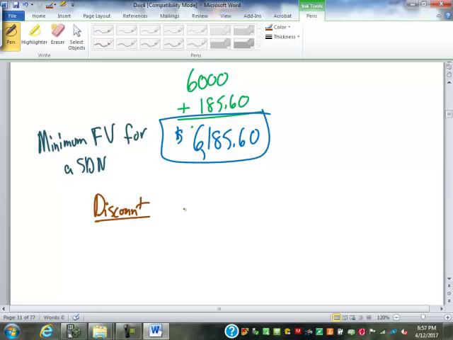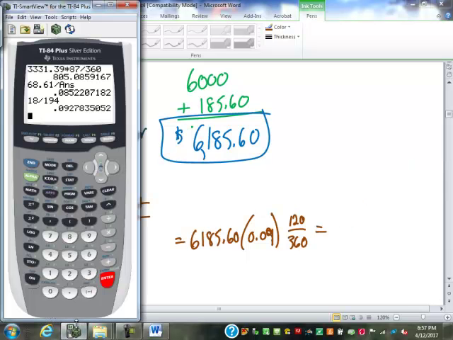Now remember, the discount note was 9%. So 0.09, 120 over 360. It's going to be off by pennies because of round off errors, but 6185.6 times 0.09 times 120 over 360 should give us about 185.60.